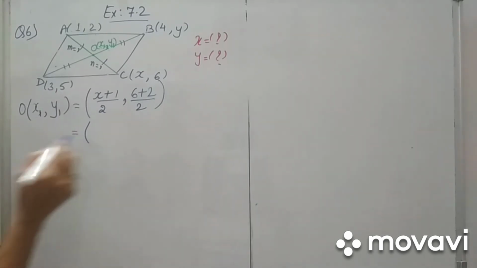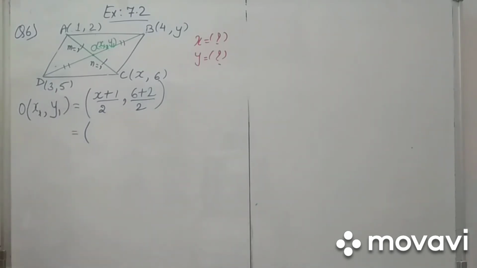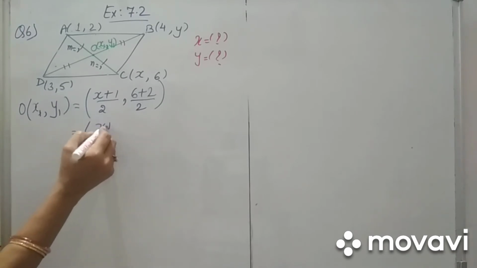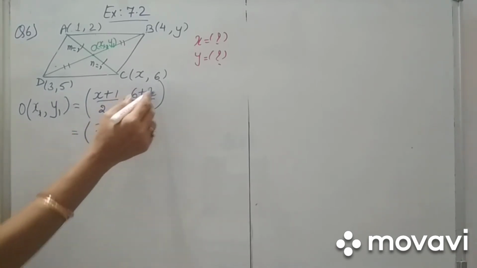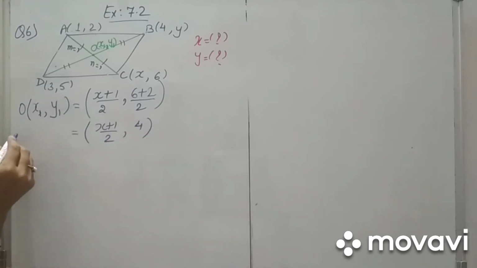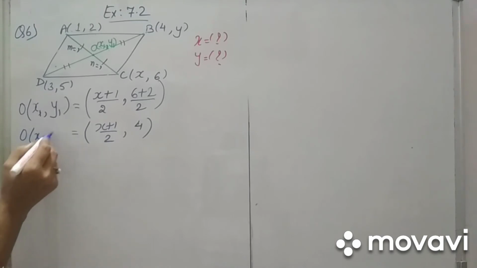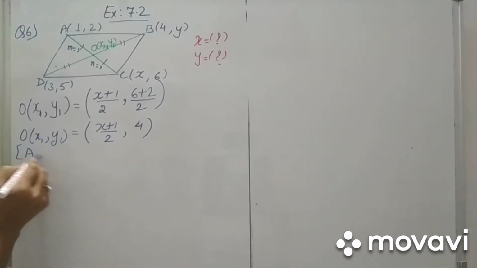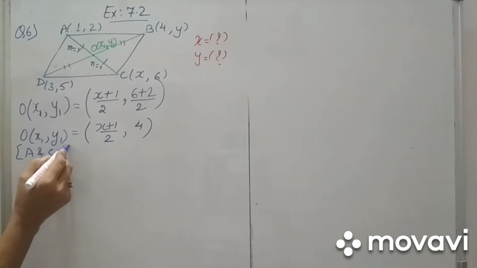So whenever there is an equal ratio 1 1, then directly you can add the coordinates x and y1. So x plus 1 upon 2 and it is 8 upon 2, that will give me 4. So this is the coordinate of O x1 y1 by using A and C points.